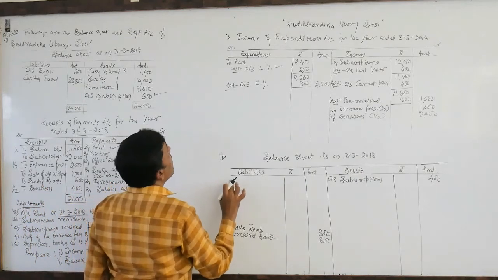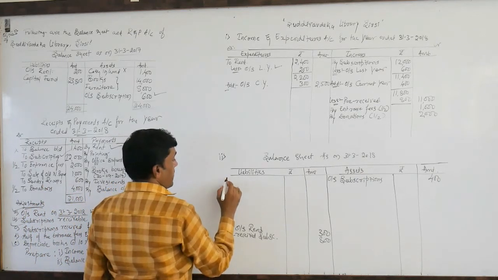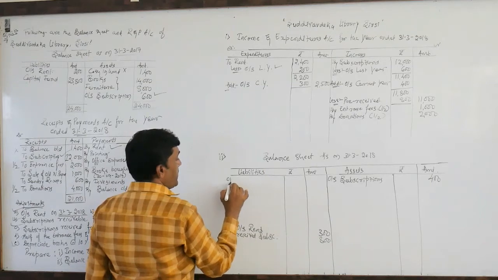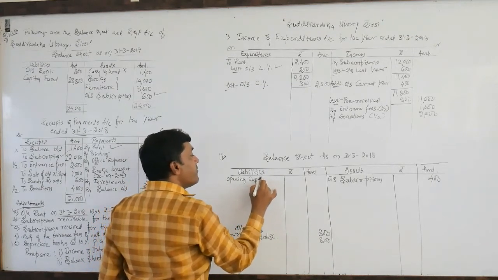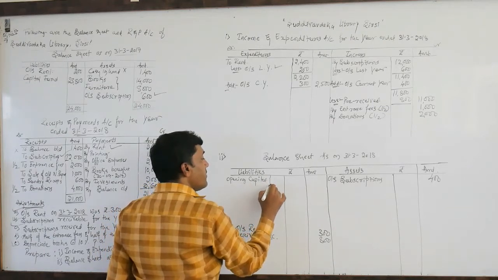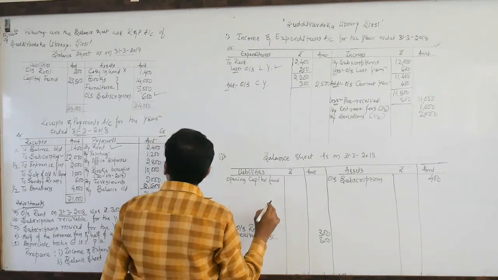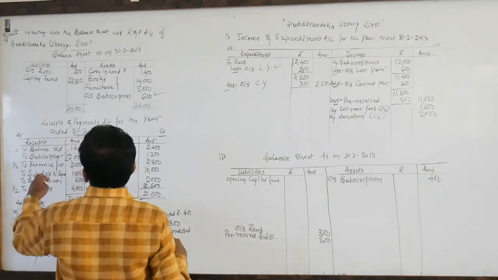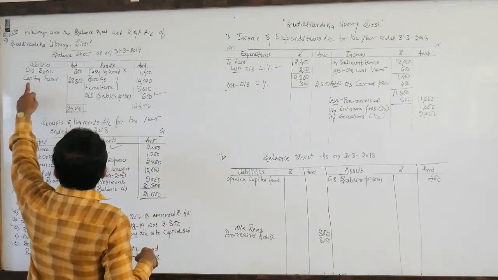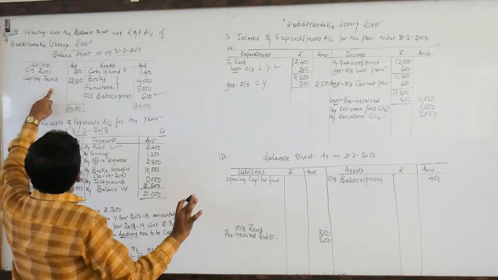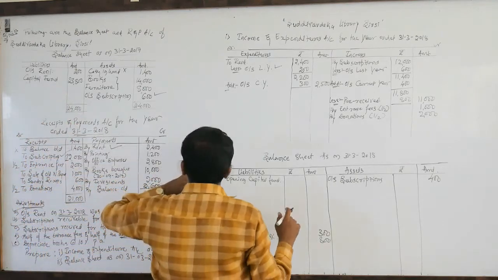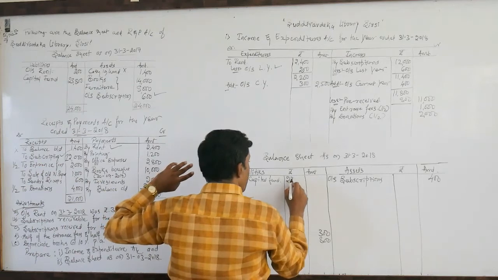So we need to write before that opening capital fund. They have already given it in the last year balance sheet. This was the closing capital fund of the previous year, which is the opening capital fund of the current year, rupees 23,800.